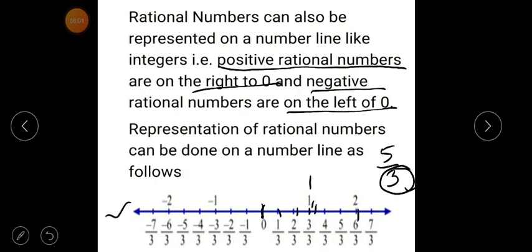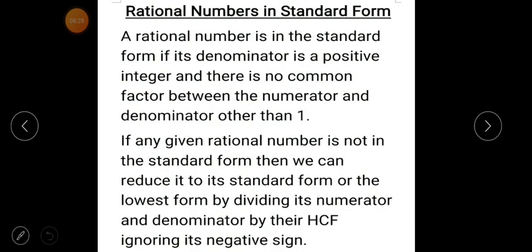Place 1 over here, again 1, 2, 3 and 2 over there. Now how much? 5. So we will count 1, 2, 3, 4 and 5. So here will be 5 by 3. This is how we represent any rational number on a number line.